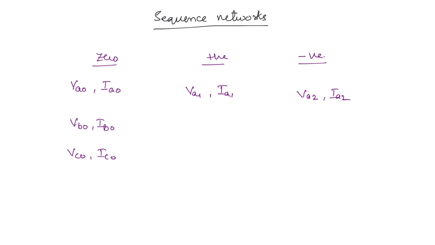Similarly, for each sequence component, we are going to take only one phase, that is enough for analysis. Each of the power system components is going to have different sequence networks, and we will be discussing the sequence networks for each of them.